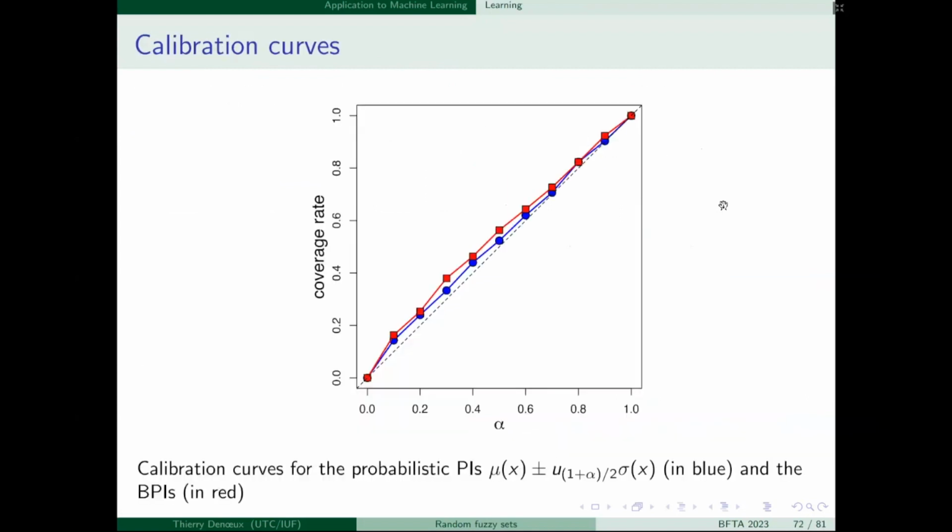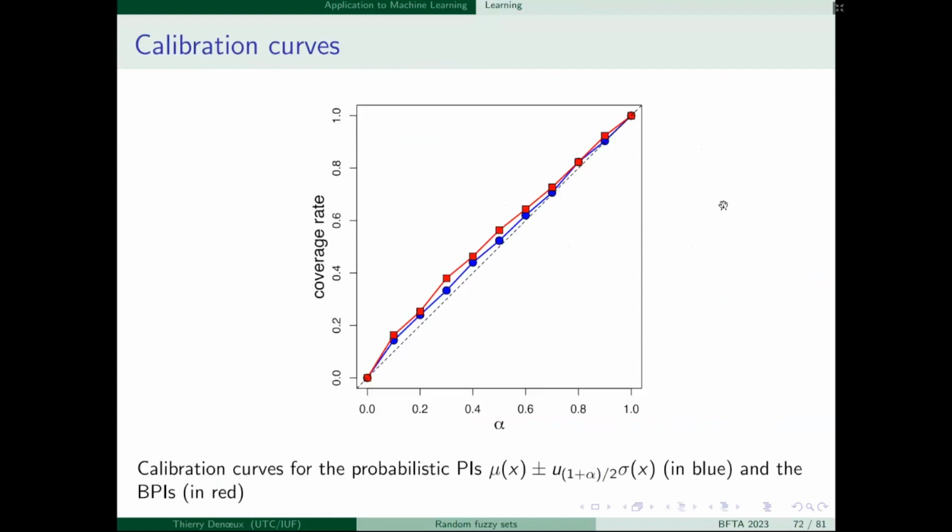Here this is the coverage rate, the proportion of these intervals that contain the data as a function of alpha. The calibration property means that you must be above the diagonal. The coverage rate should be larger than alpha.